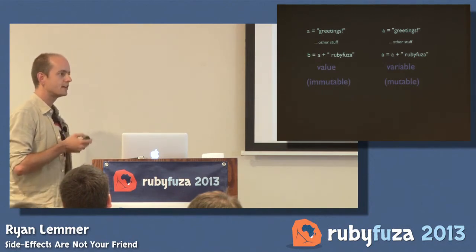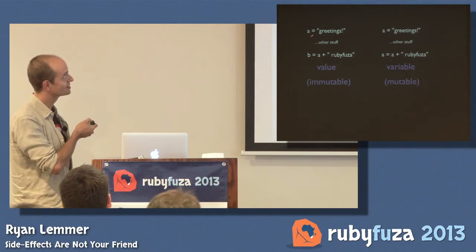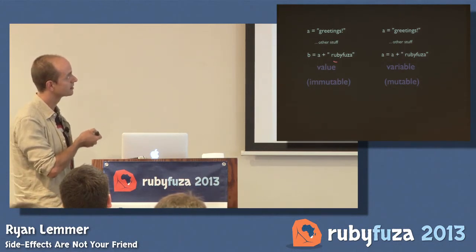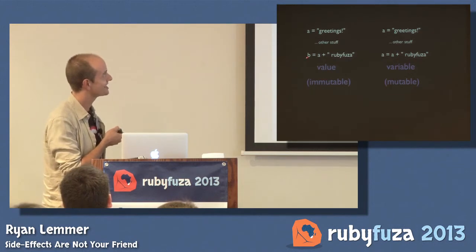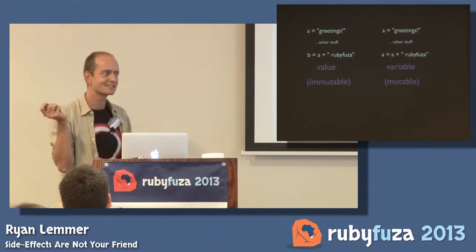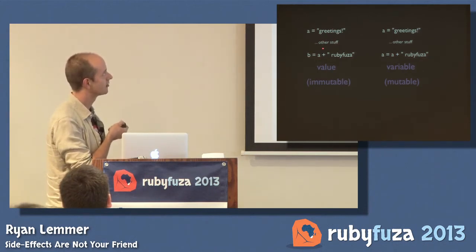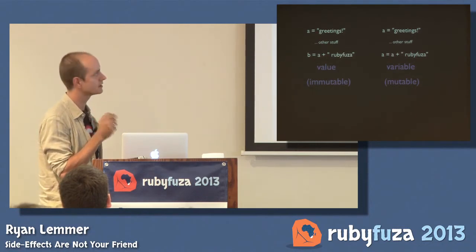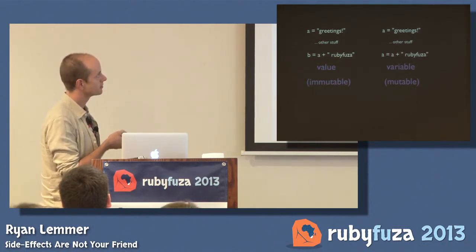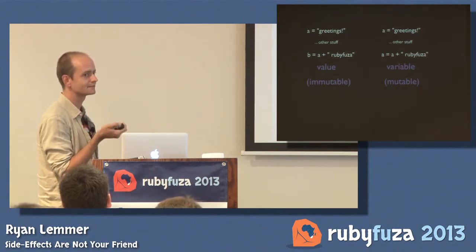If I only do value assignment in between, there's nothing you can do there that's going to change what B is. B is greetings plus Rubyfuza. There's absolutely nothing, if I only work with values, that I can do to change that result, which is pretty incredible because the compiler can say what B is.